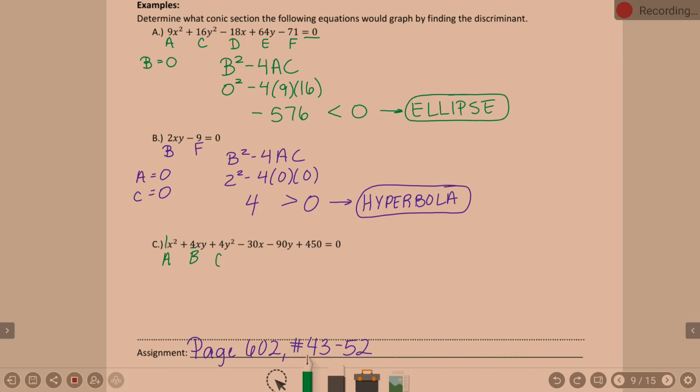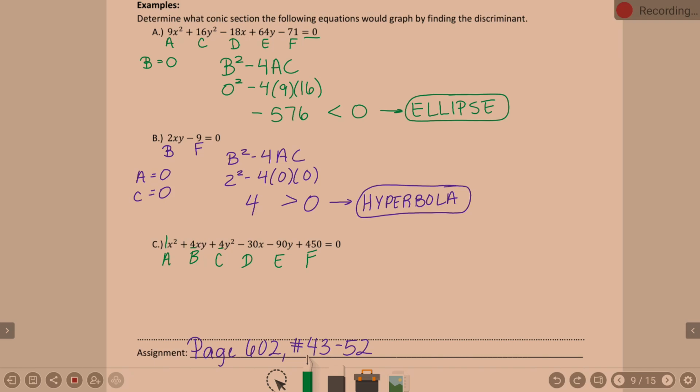What's C? 4, from the y squared. What's D? Negative 30, from the x term. E? Negative 90, from the y term. And F? 450. And it does equal 0. Okay? I know, these are pretty basic, but they usually give them to you in order and already equal to 0.